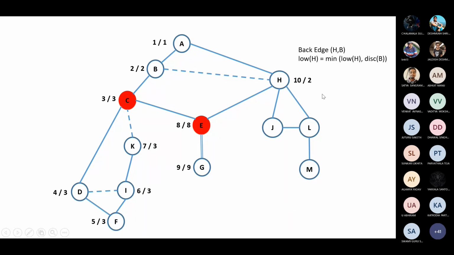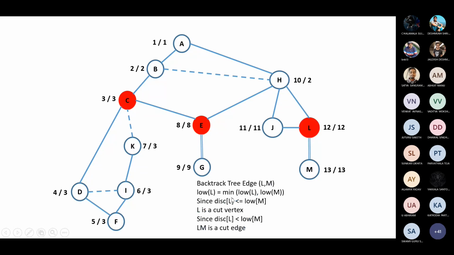Then it is 11-11, then 12-12, then 13-13. Then when it backtracks through this, it is found that discovery of L is less than or equal to low of M. Discovery of L 12 is less than or equal to 13. So it is a cut vertex.